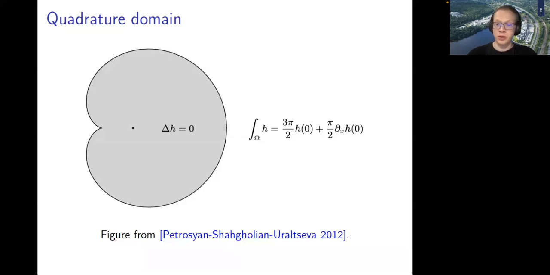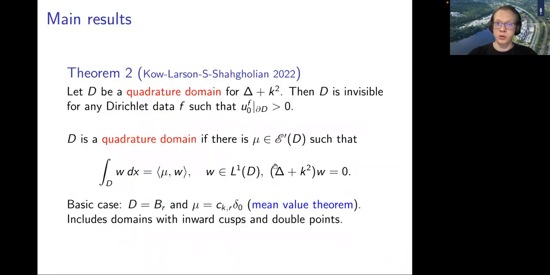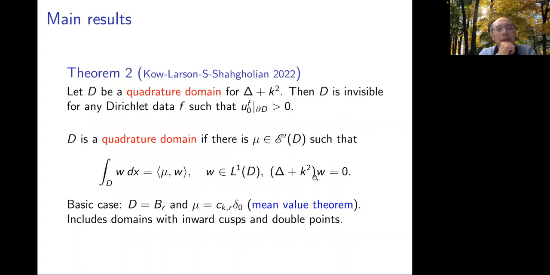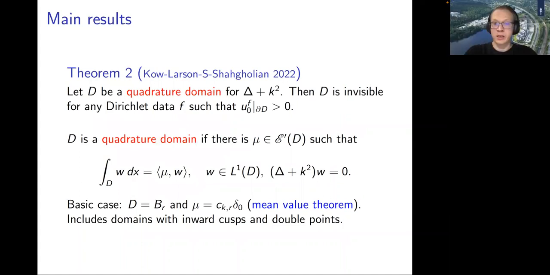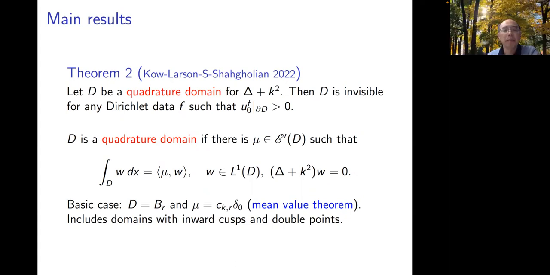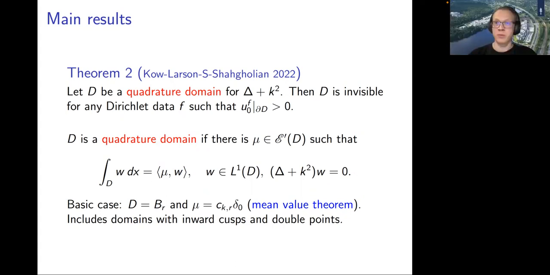And now what we do here is that we do it also for solutions of the Helmholtz equation. The idea is that this quadrature domain identity is some kind of extension of the mean value theorem. So in any situation where you have a mean value theorem, you might ask if there are some more general quadrature domains which satisfy a similar identity. So maybe that's the best answer I can give to your question.